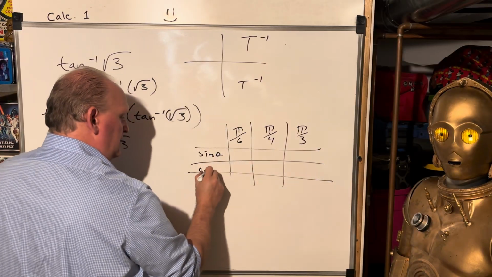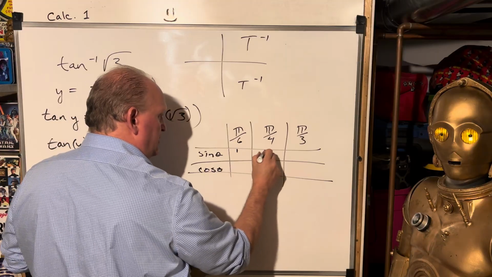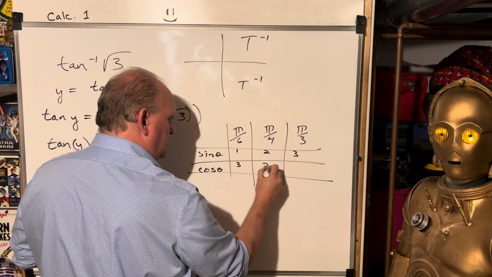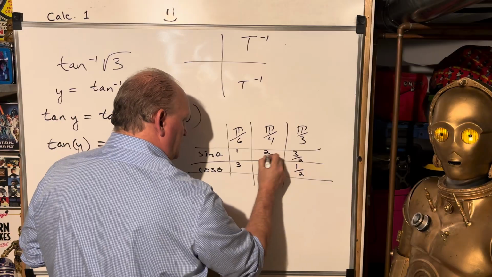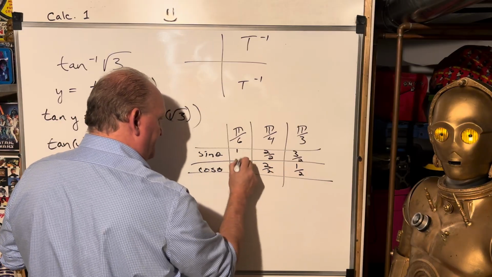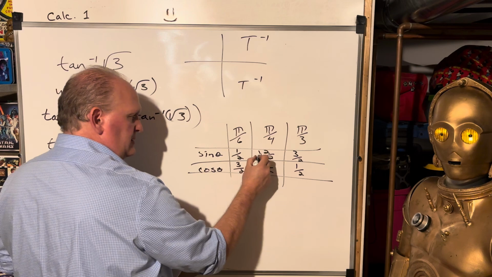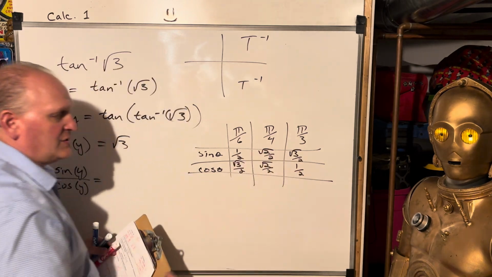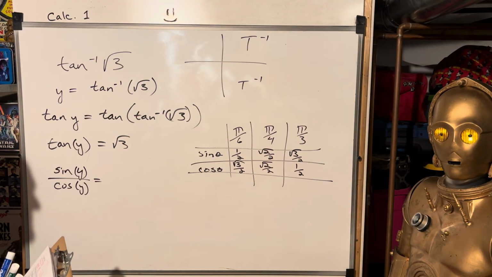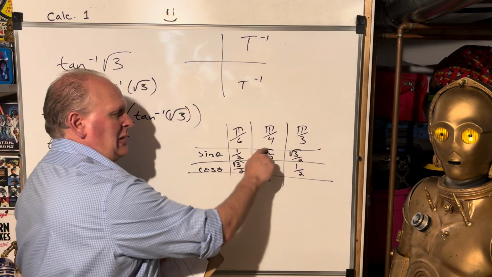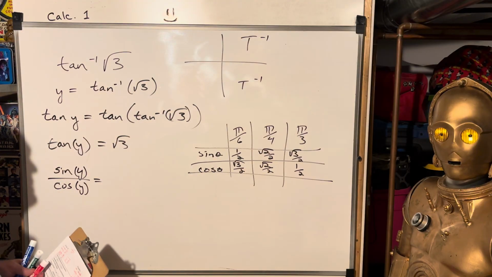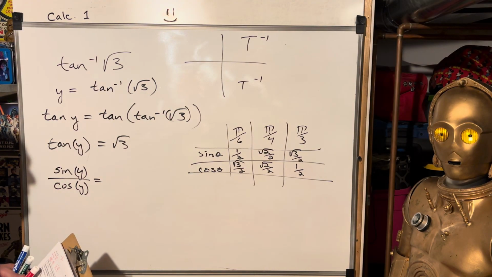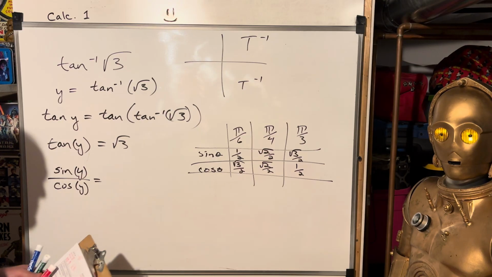Sine, cosine, 1, 2, 3, 3, 2, 1, over 2 on all of them. That square roots on the top. And then remember the square root of 1 is just 1. That's why I keep skipping those. So you can just kind of square root those in there. So which one is going to give us the square root of 3 on the sine over the cosine?